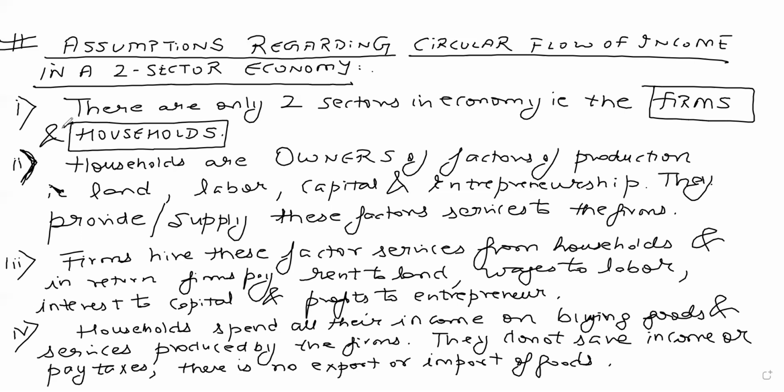That means when we are doing the two sector economy, the assumption is that the households are not saving any penny. Whatever they are earning, they are spending all the money on buying goods and services from the firms. Also, we assume that in the two sector economy, there is no rest of the world. Within the economy, you only have the firms and the households. Since there is no rest of the world, there is no export or import of goods happening.